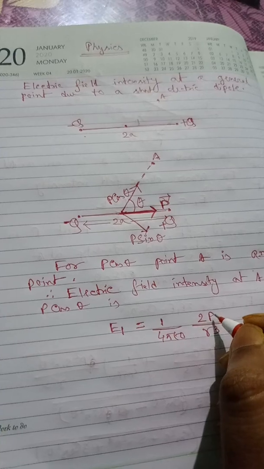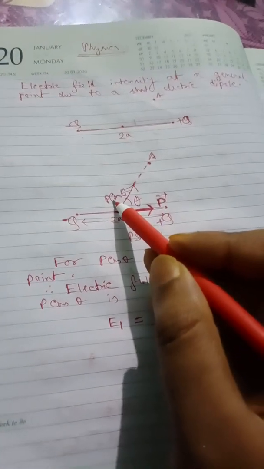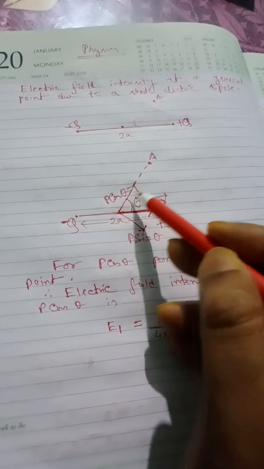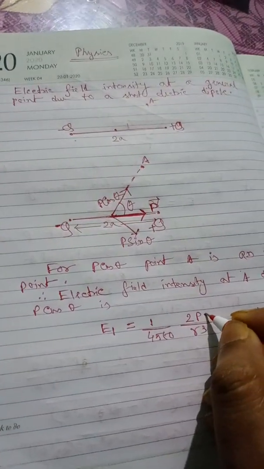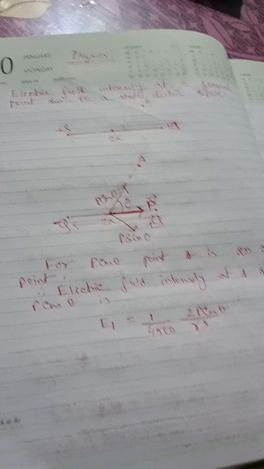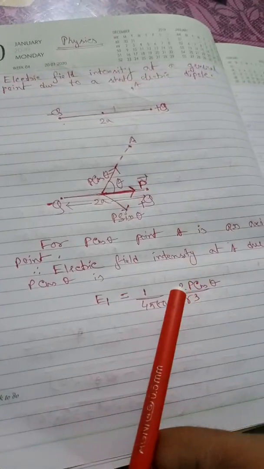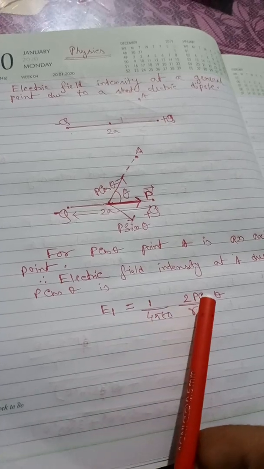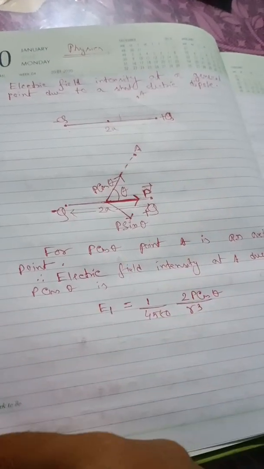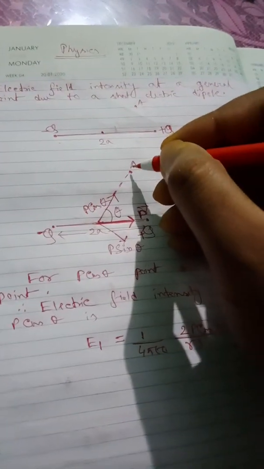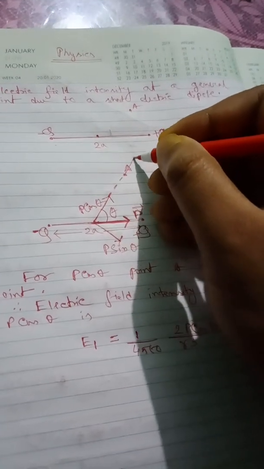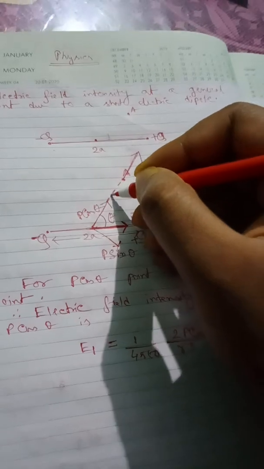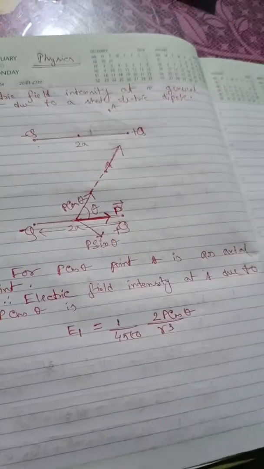Here in the place of P we will take P cos theta, because this is the axial point for the P cos theta. So this is the electric field intensity due to the component P cos theta at point A, and the direction of this will be along this direction. We know that for the axial point.